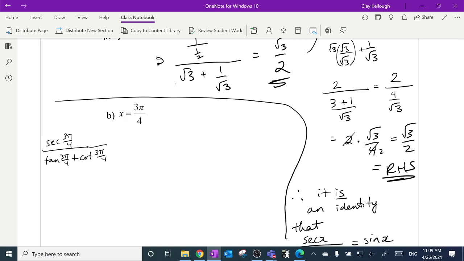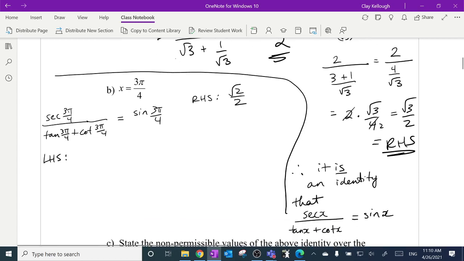So that's the left-hand side. The right-hand side is the sine of 3 pi by 4. Okay, so my right-hand side is pretty easy. What's the sine of 3 pi by 4? That's still positive, and I think it's √2 over 2, right? So now let's see if we can get the left-hand side to equal that.